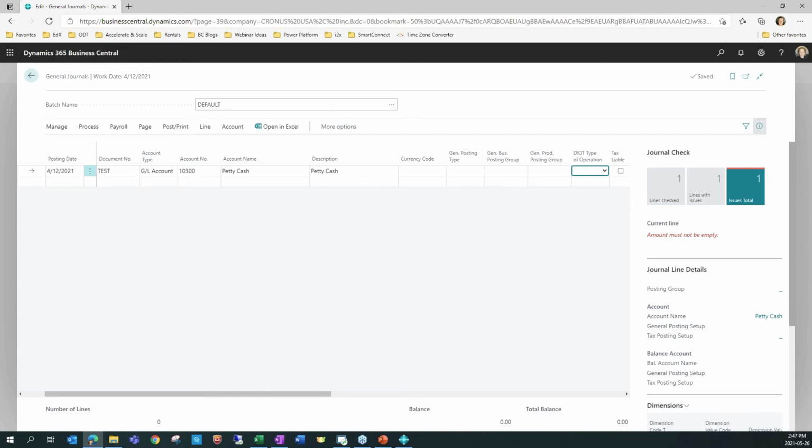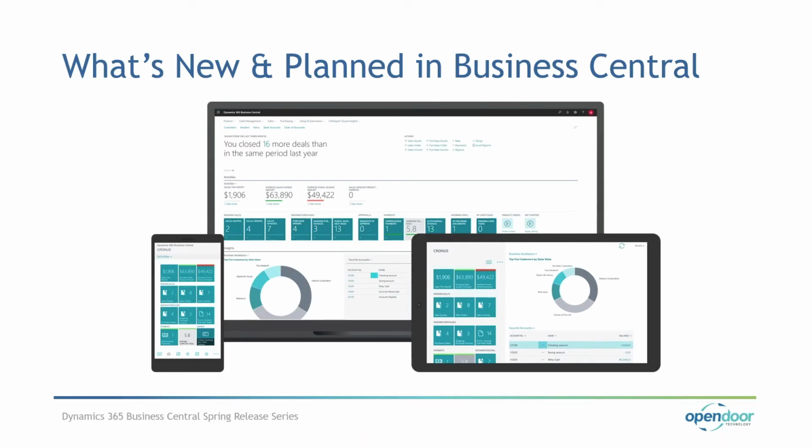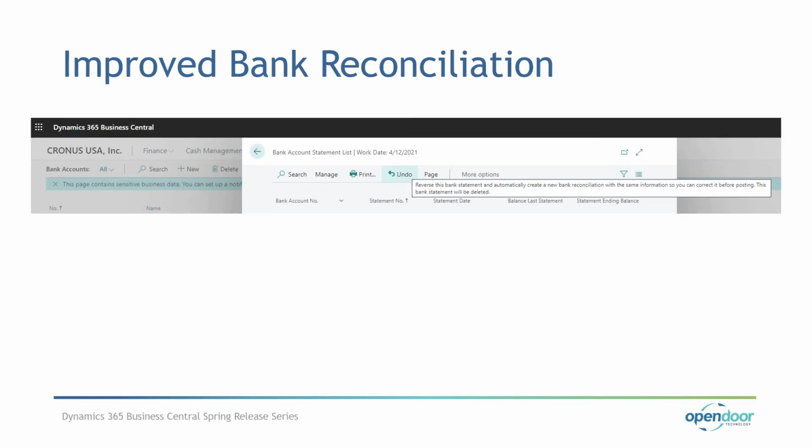I'll now switch back to slides, as some improvements are a little difficult to show live, but this is the best one. We've been waiting for it for a long, long time, as long as I can remember, and I started working on that with version 2. There is now an undo action on the bank reconciliation. You can undo a posted bank reconciliation.